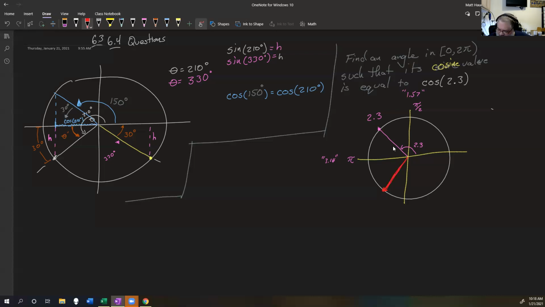Now we could figure out what this little reference angle here is, but we know this angle here. What's that angle there? Just 2.3 radians. Do be careful about that.